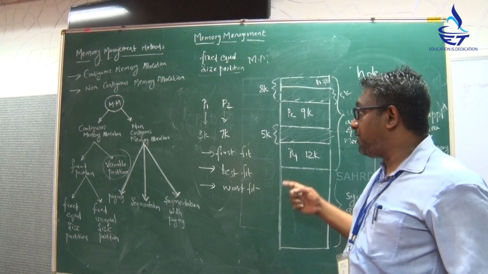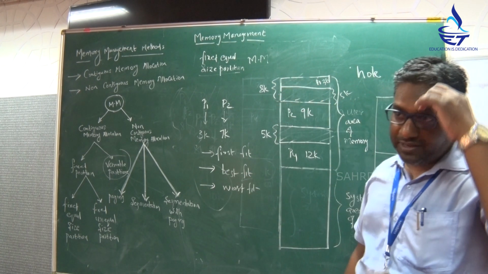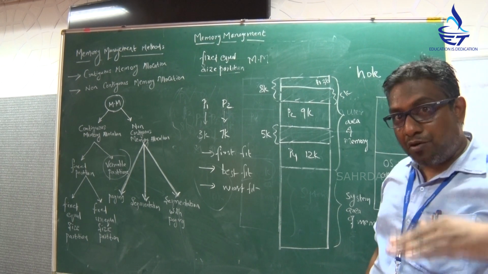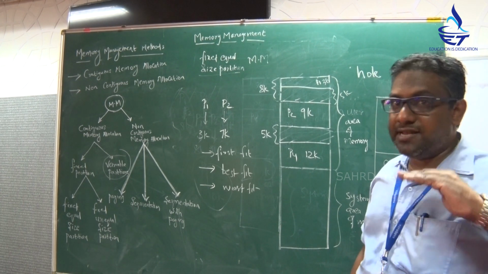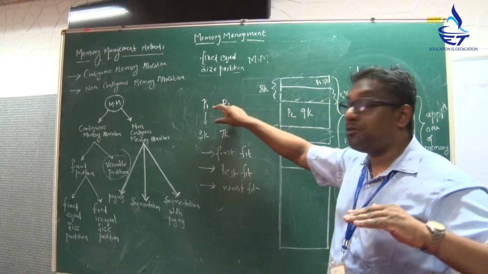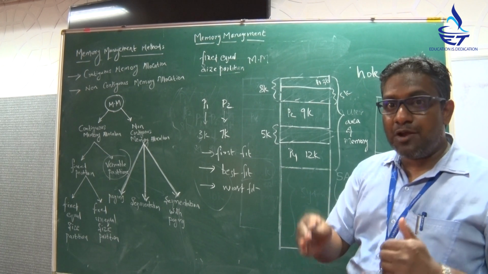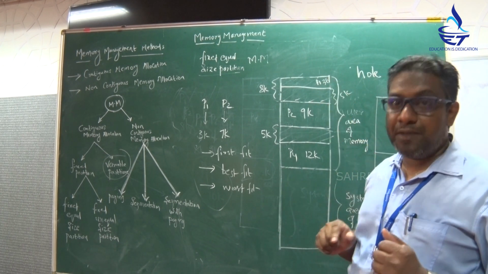We cannot place P2 here either. So this is the first fit method: the memory manager compares the size of the free memory block with the size of the arrived process, and if the process size is less than or equal to the size of the free memory block, it will be placed there.